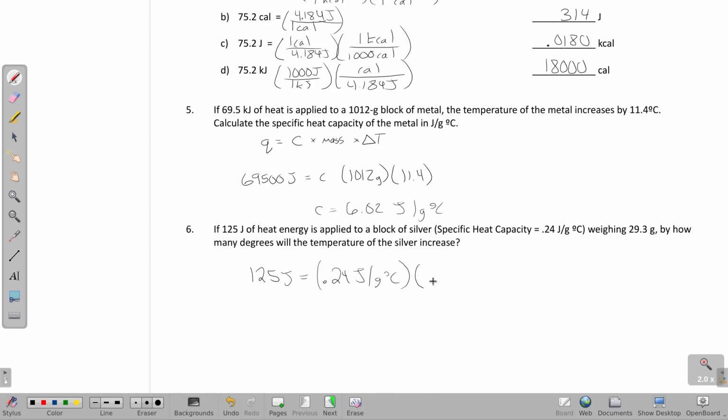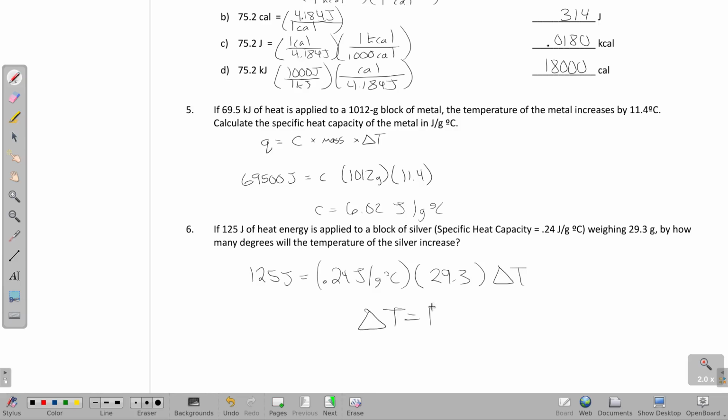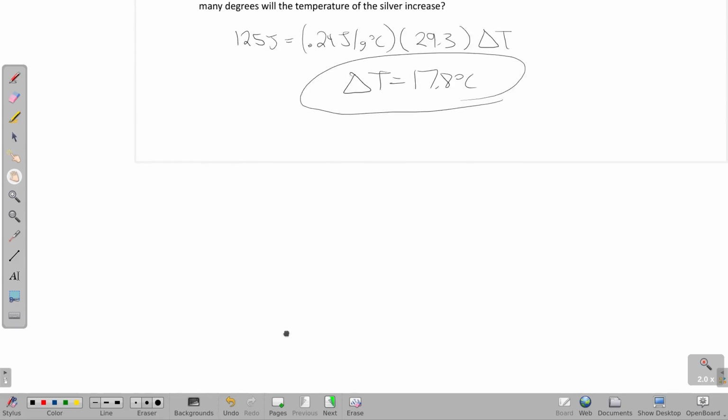They give us the mass of 29.3, so we're going to solve for the change in temperature. 125 divided by 0.24 and also divided by 29.3, I get a change of temperature of 17.8 degrees. Technically that could be kelvins as well, because this is a delta T, and changes in temperature can be Celsius or Kelvin.